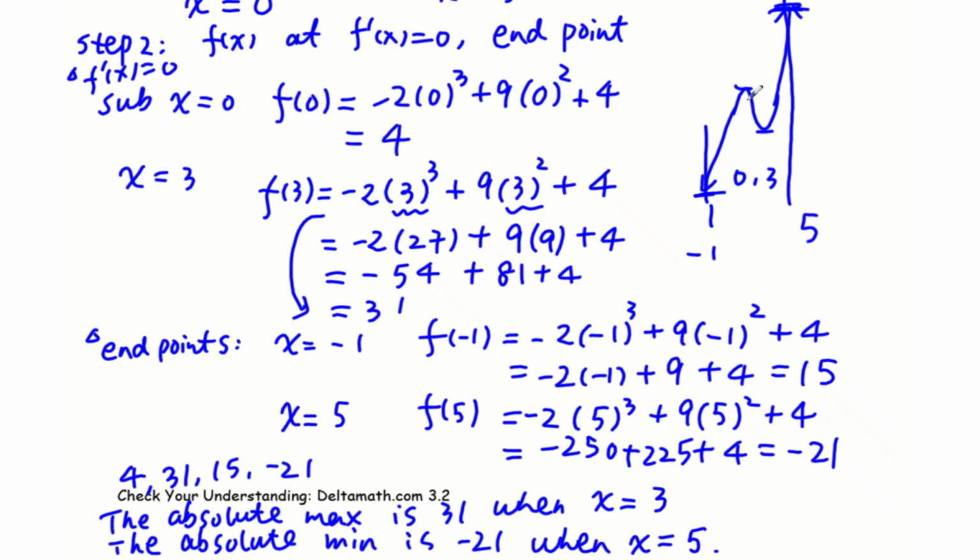So x equals 0 is 4, 3. Actually, I didn't graph it properly. So this is another way. So -1 is 15. Then x equals 0 is 4. Then, continue, 3 is 31.